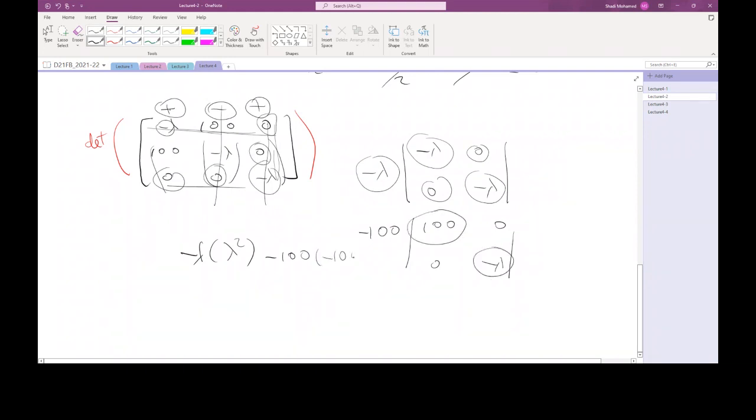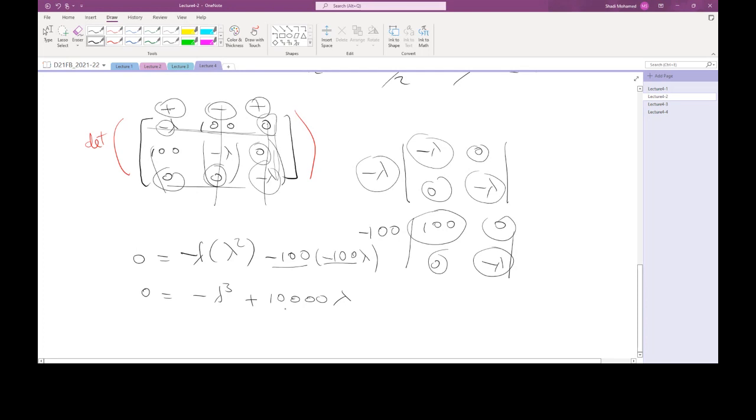So it's minus 100 lambda, and you subtract 0, which is not going to be anything. So this is the equation I need to solve. This is basically 0 equal to minus lambda cubed, and minus 100 minus 100 is going to be plus 10,000 lambda.